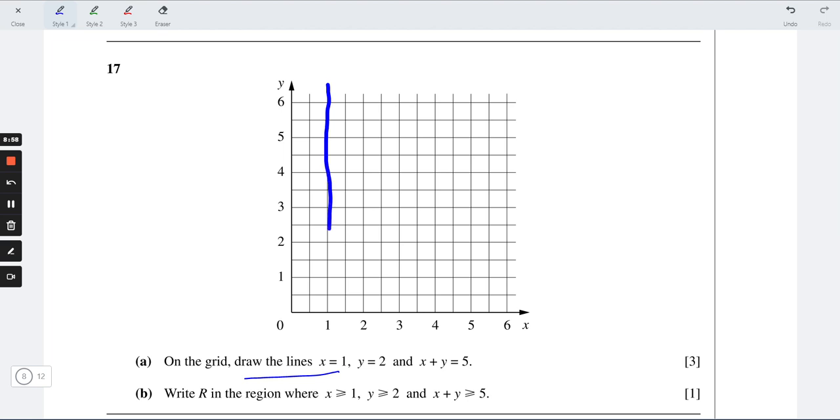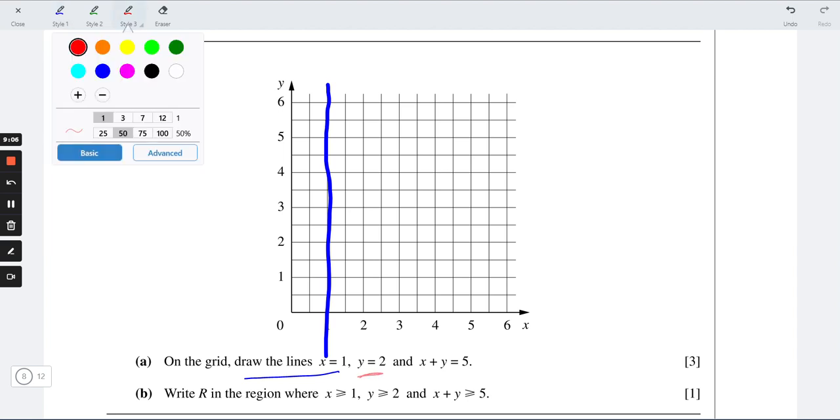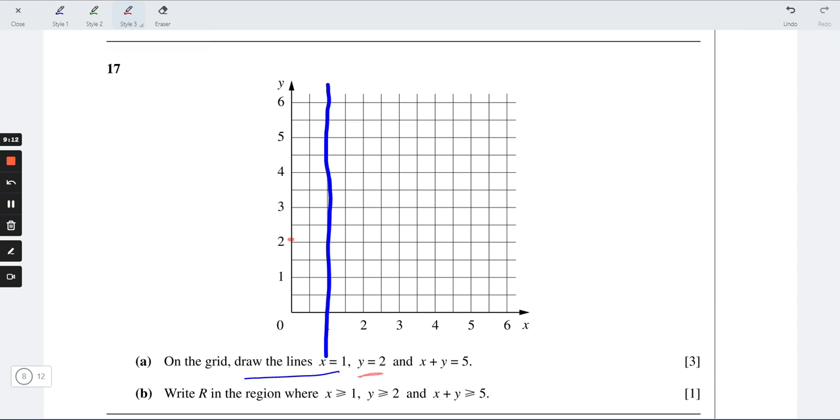For sure you have to use your ruler. At the same time they need y equals 2: for every x, y is always 2. So here is y equals 2.